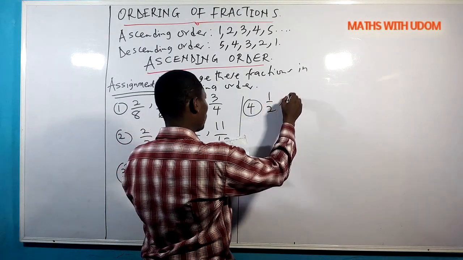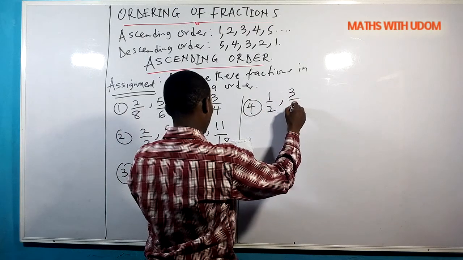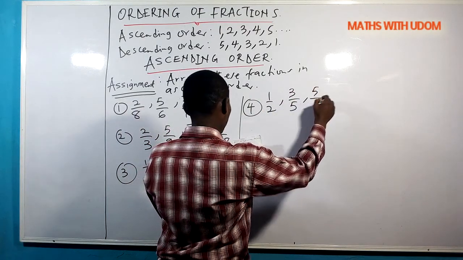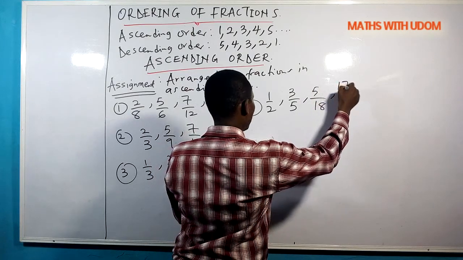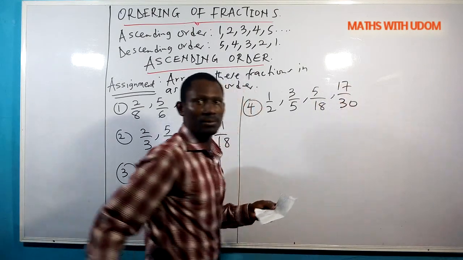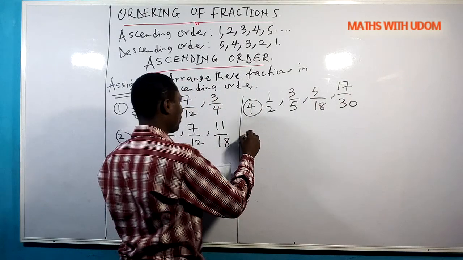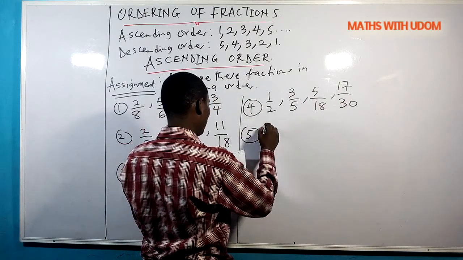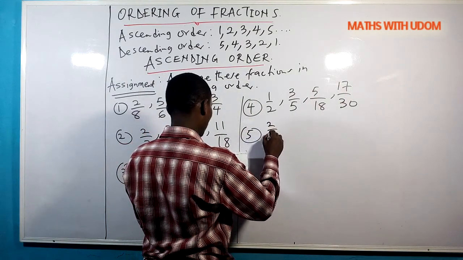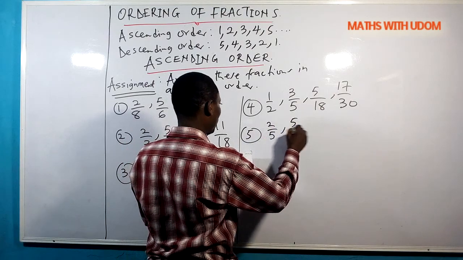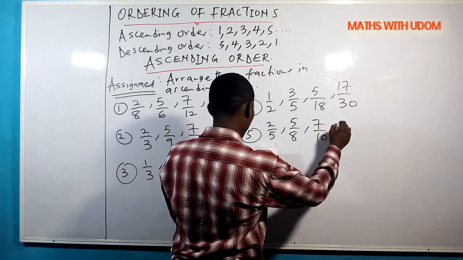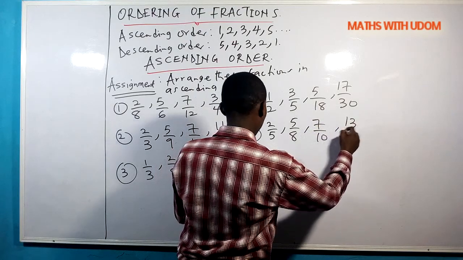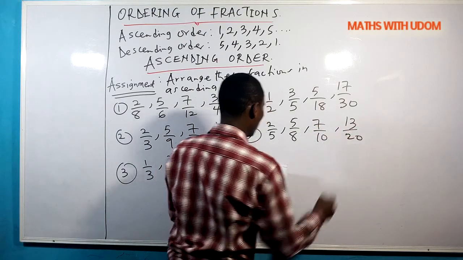Number 4: 1 over 2, 3 over 5, 5 over 18, 17 over 30. Number 5: we have 2 over 5, 5 over 8, 7 over 10, 13 over 20.